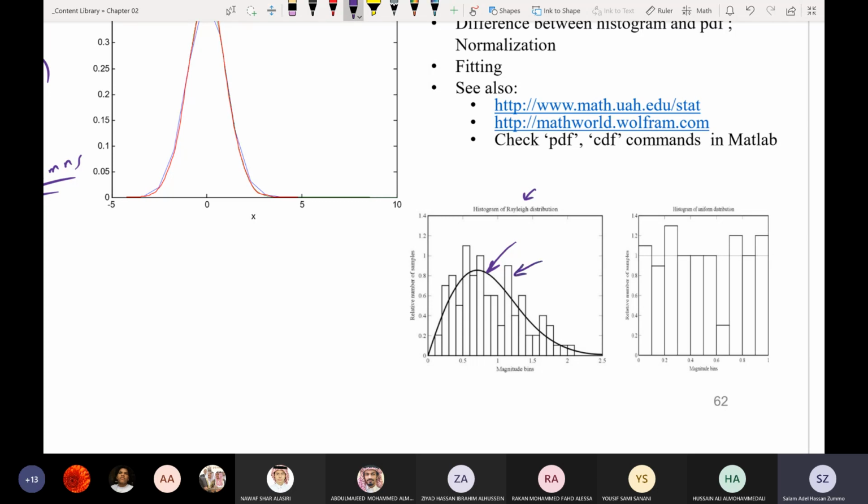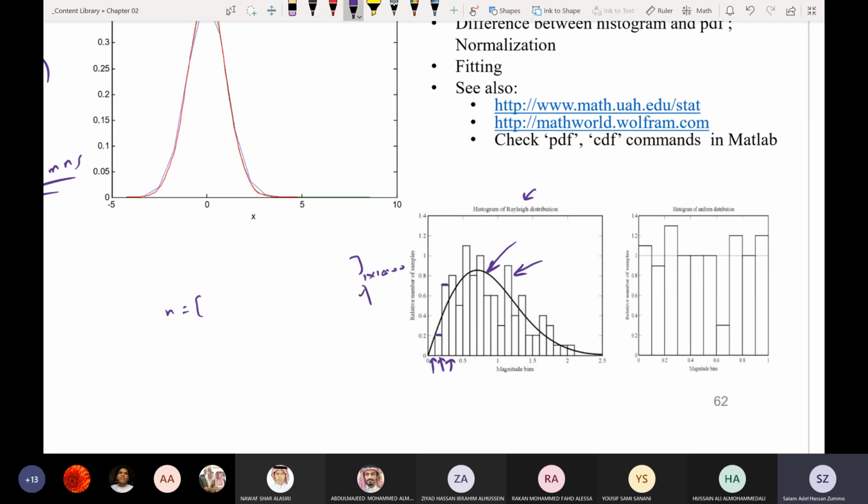However, the histogram plots an approximation of the PDF, which takes the very long vector, 1 by 1000, and finds how many of these points are within this range, and plots it as a column. How many are within the next range, and plots it as a column, and so on. So eventually it gives you something very close to the PDF.